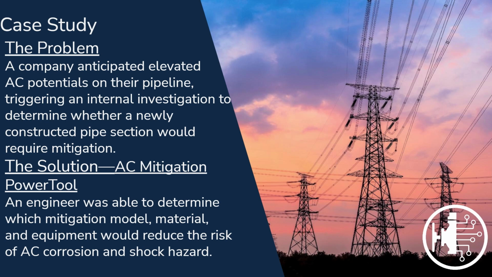Well, the solutions are AC interference modeling and corrosion modeling. What is my current density on that pipeline? How bad is it? And is it going to cause the likelihood of AC corrosion? And then when you start combining it with DC effects, then you've got a real problem.